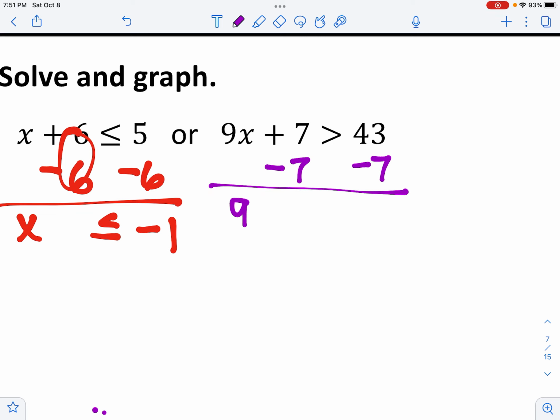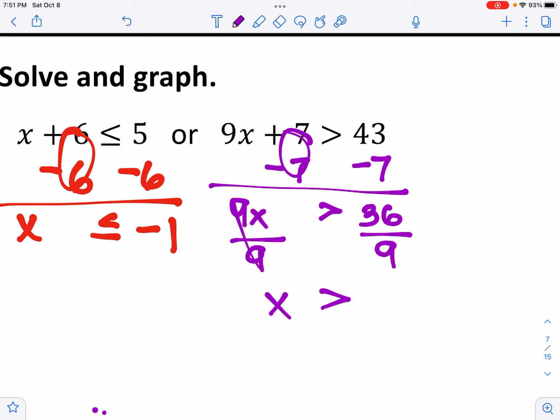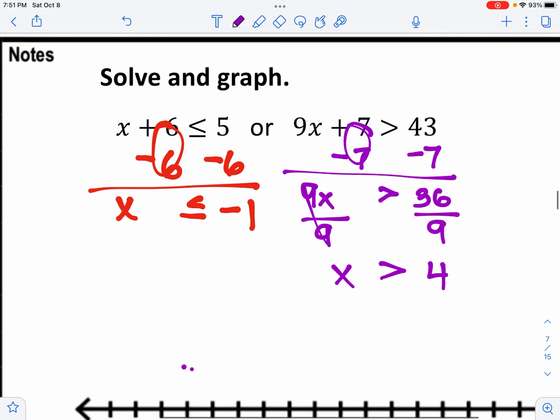All right, so we get 9x is greater than 36. And now we want to divide by 9 on both sides. We're dividing by a positive number, so we're going to keep our inequality the same here. Just keeping track of that.